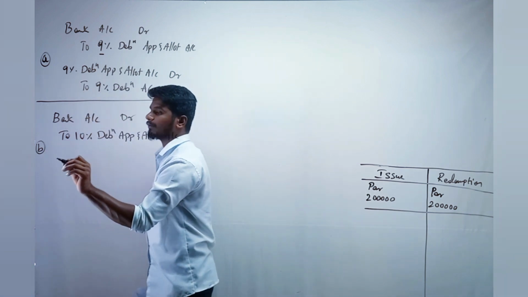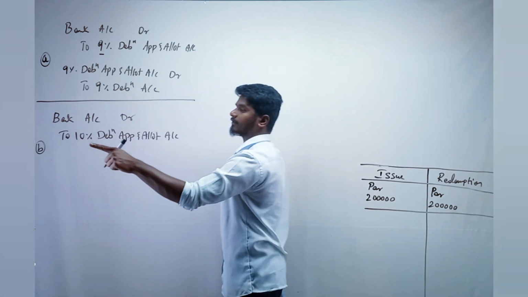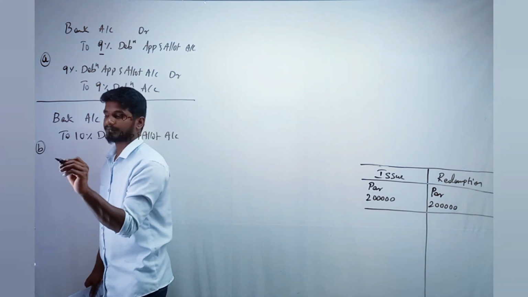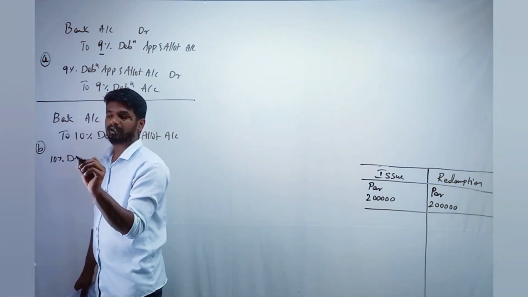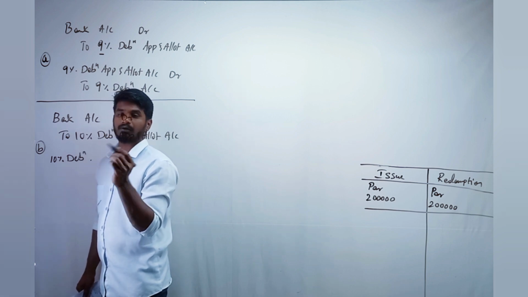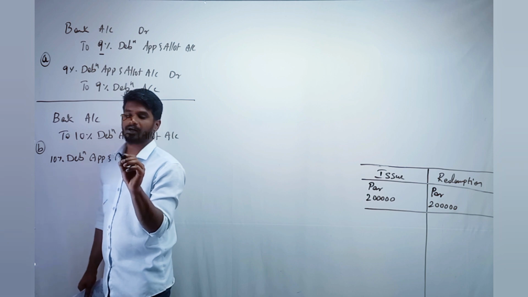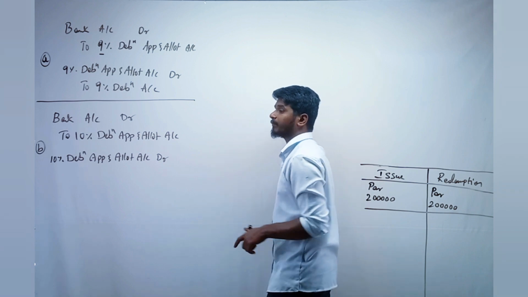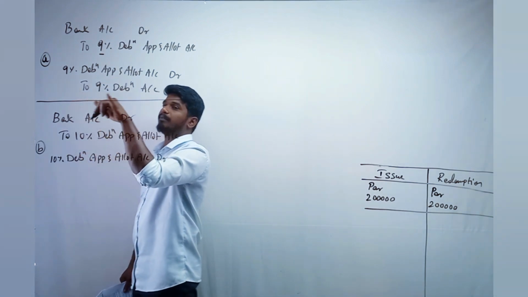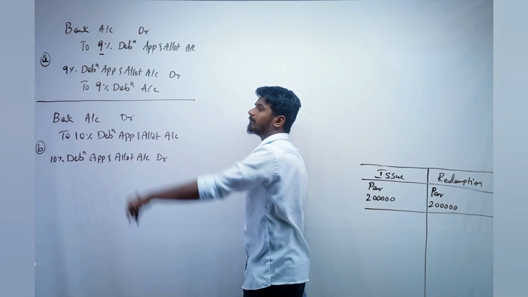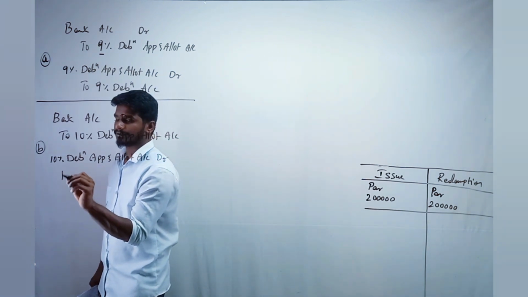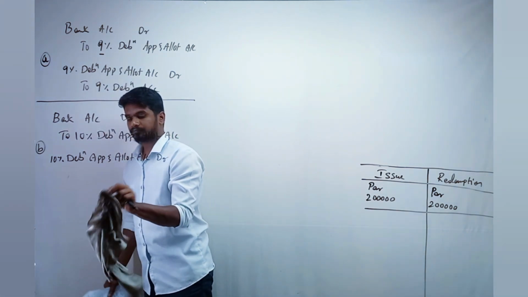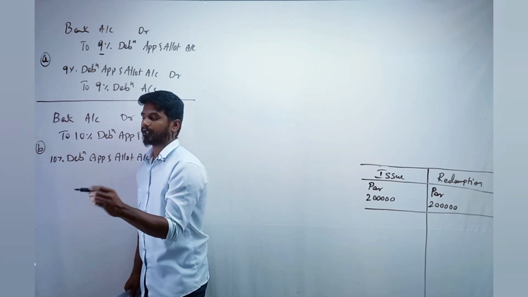In the B, reverse this, just reverse this. 10% debenture application and allotment account, it will be debit here. Next, to 9% debenture account, here we need to change the percentage. Change it to 10% too. So we need a gap here. Just write all the entries with a gap.